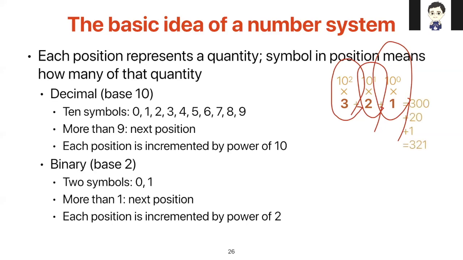However, if you use a base 2 system, and I give you a number like 1001, it's similar. The rightmost is 2 to the 0, then 2 to the 1, 2 to the 2, 2 to the 3. If you add all of them together, it becomes 9. That's the basic idea of a number system.